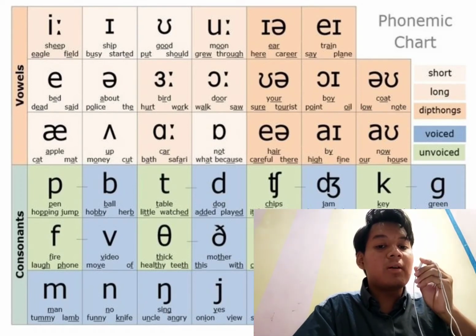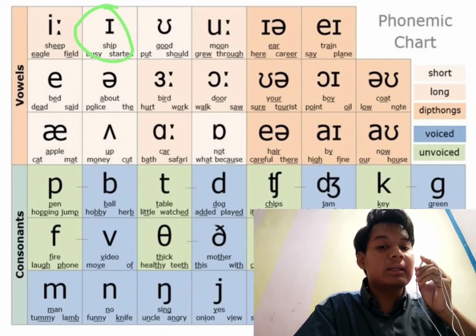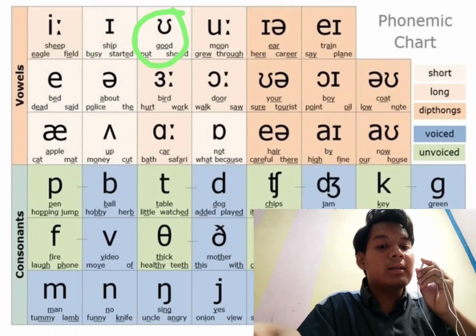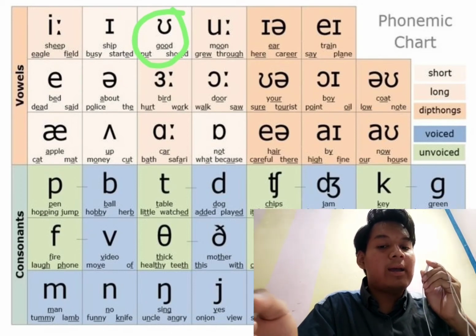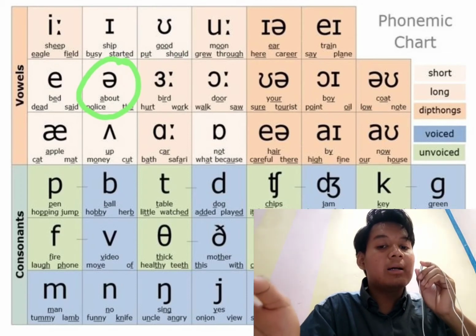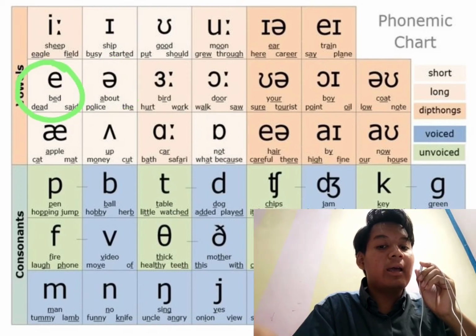And for the short vowels, there are 7 sounds. At first, there is e. For example: sheep, busy. And next, there is u. For example: good, put. And next, for example: about. And next, there is e. For example: bed, that, sad.